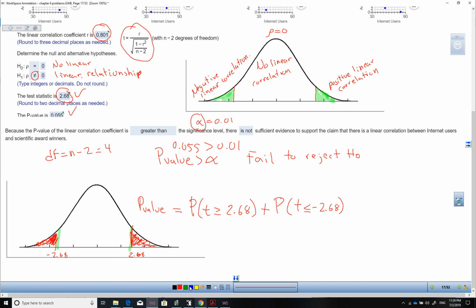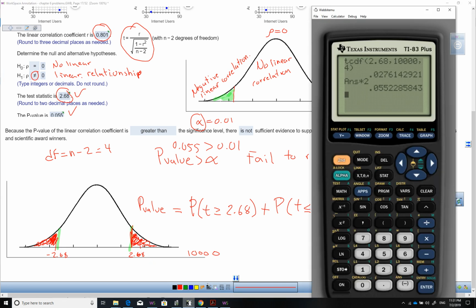Okay, so what I did on the calculator is just basically I choose this as my lower limit and pick 10,000 as my upper limit and find this area. You remember how by using TCDF you will find this area, and by multiplying by 2, what I did here, you will combine this area plus this area.